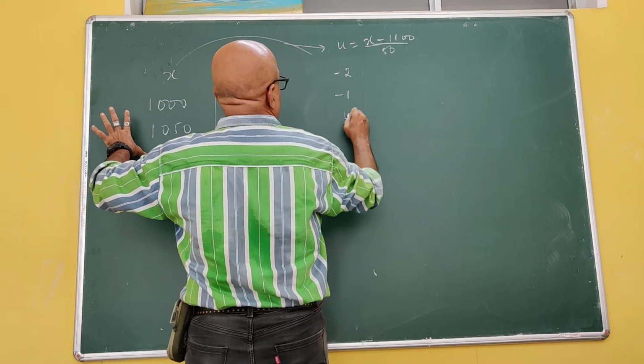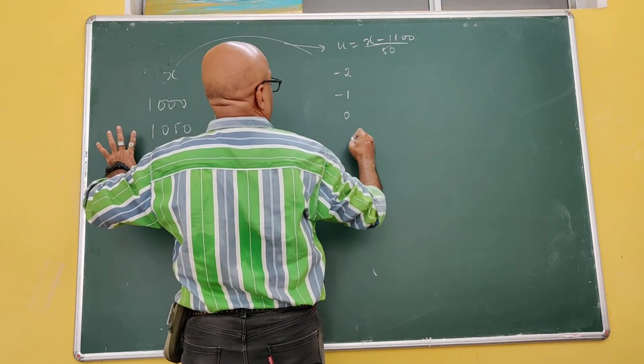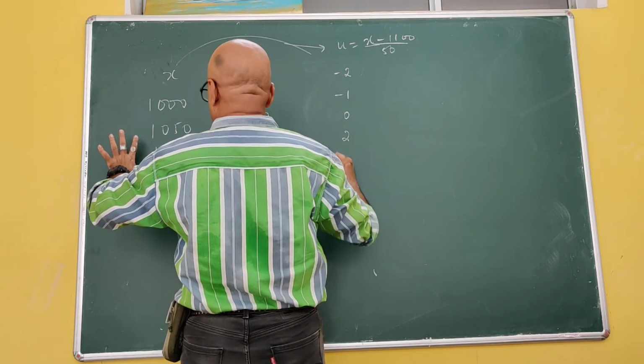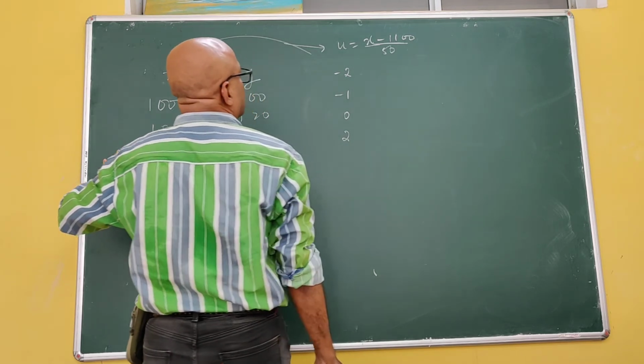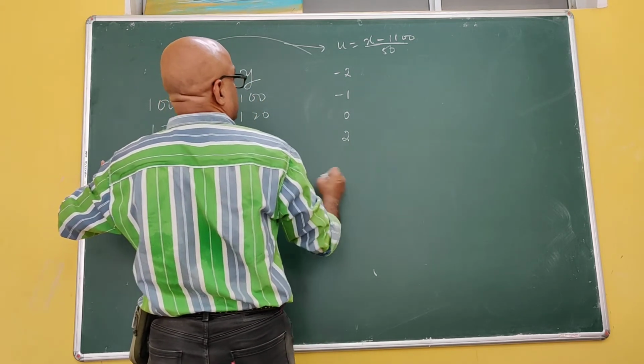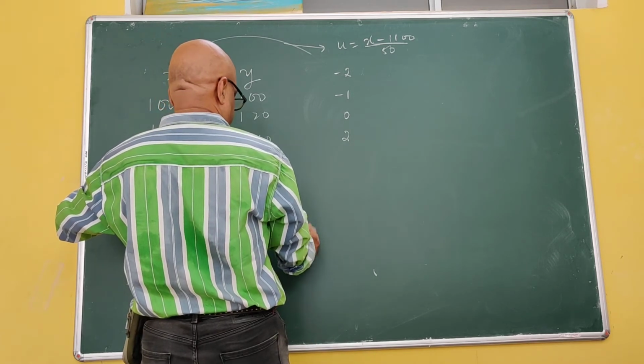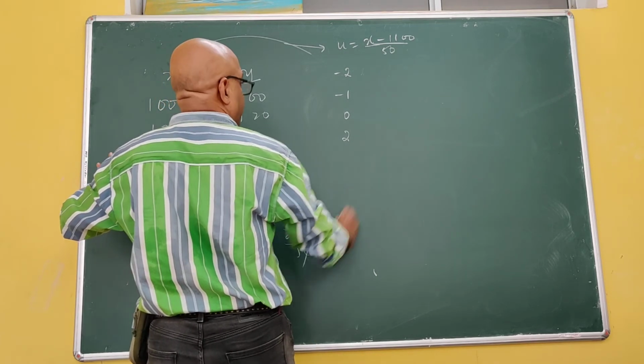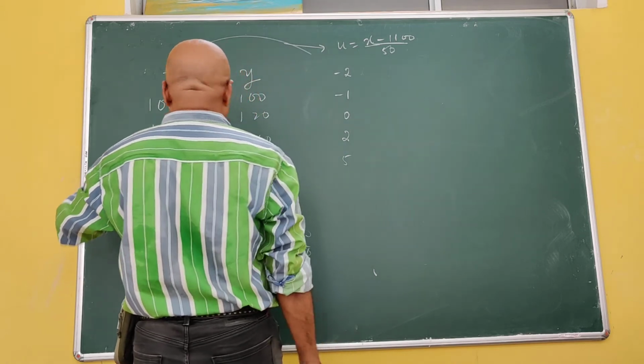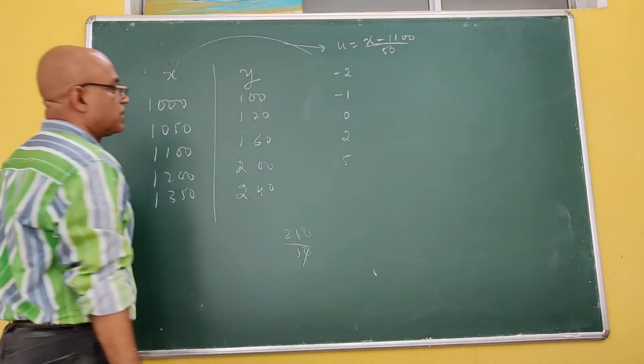Here 1100, so you get 0. Here you get 100, so it is 2. Here you get 250, and 250 divided by 50 gives 5. I hope things are all right.